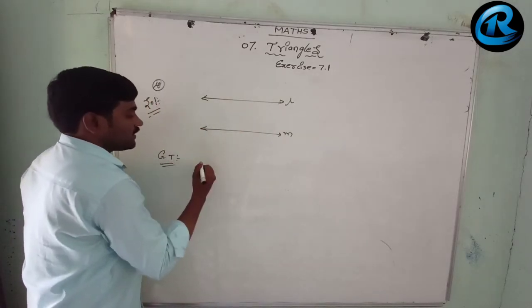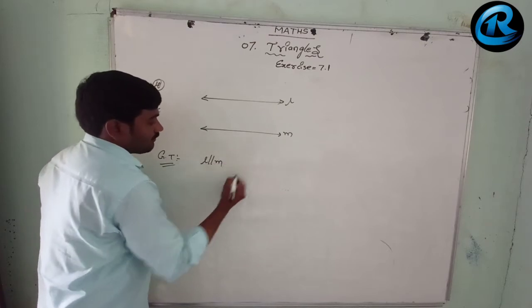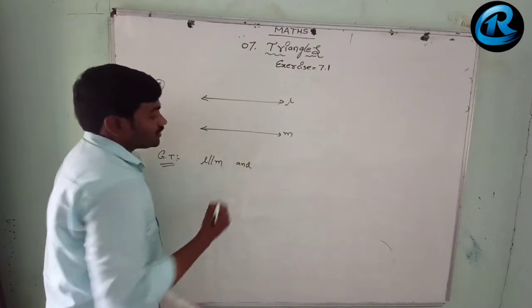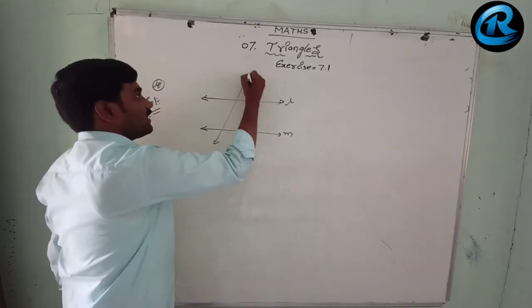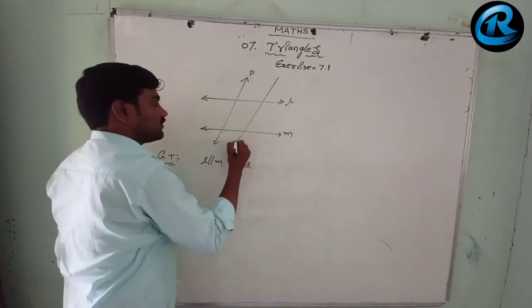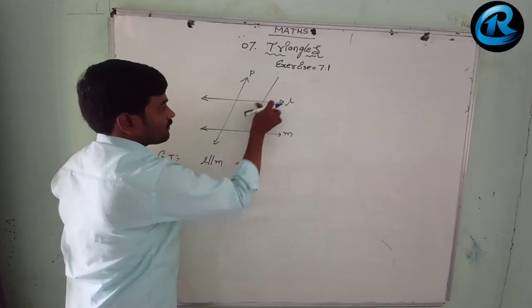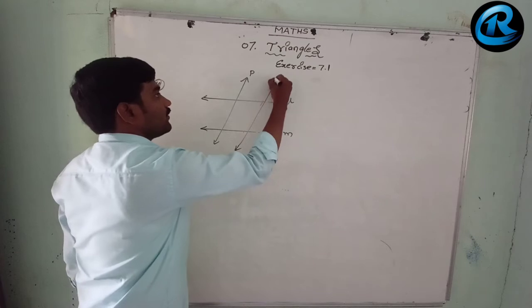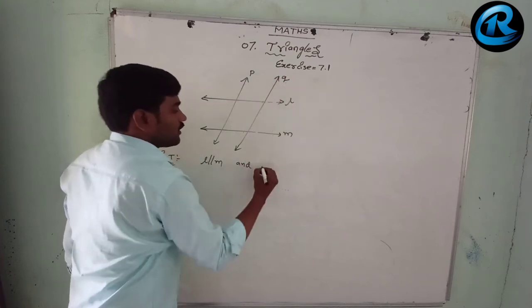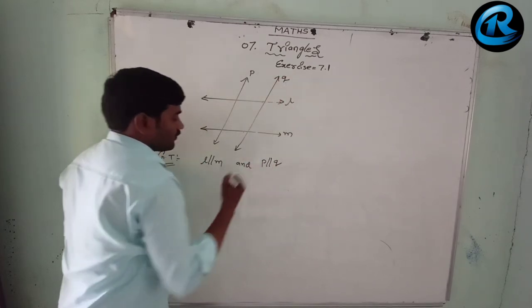Given that L is parallel to M, and the other two lines, P and Q, are also parallel. Here this is line P and this is line Q. So P is parallel to Q.